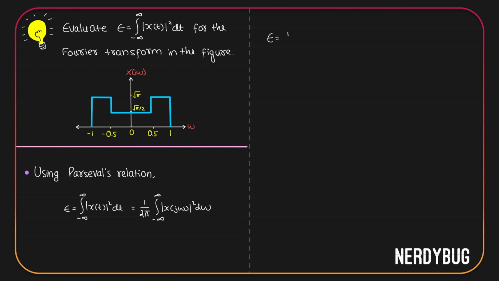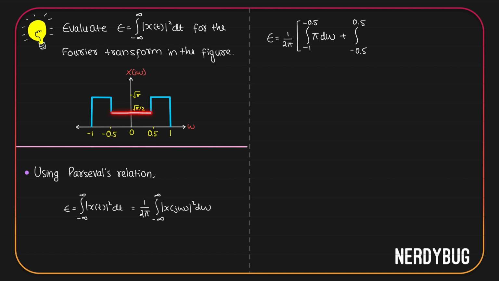So we can write E is equal to 1 by 2 pi. The first part is integral from minus 1 to minus 0.5. We need magnitude of X of j omega squared. Magnitude of X of j omega from minus 1 to minus 0.5 is root pi. So square of that is pi. So pi d omega plus integral from minus 0.5 to plus 0.5.